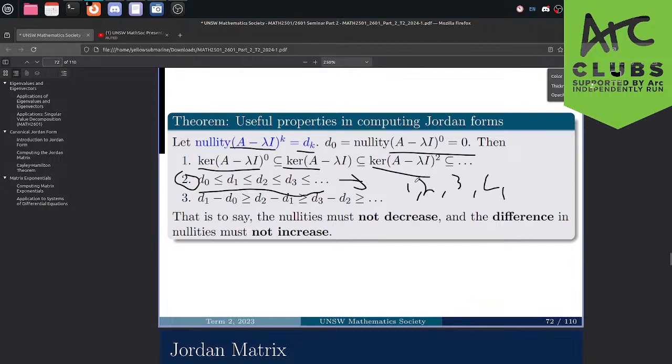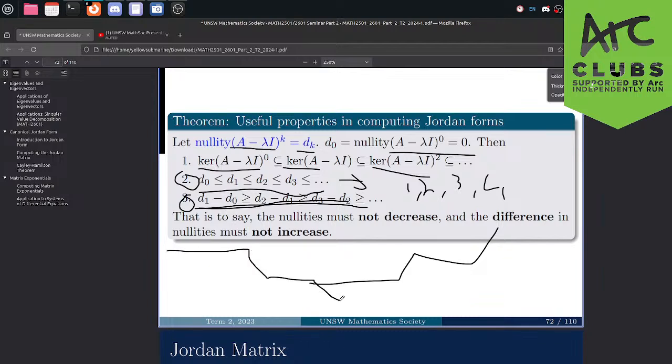So this could represent the nullities of (A minus lambda I) to the 1, to the 2, to the 3, to the 4. A much more interesting property is this one here, which says that the differences are non-increasing. Sorry, the first property says the sequence is non-decreasing, which means it's either going straight or up. But this second one says that the differences are either going straight or down.